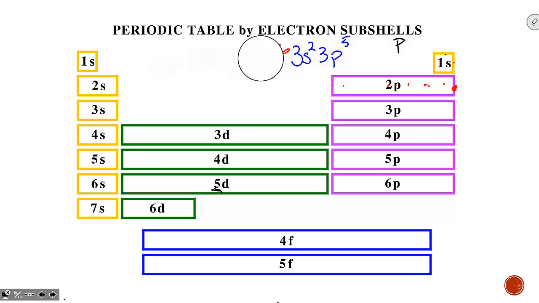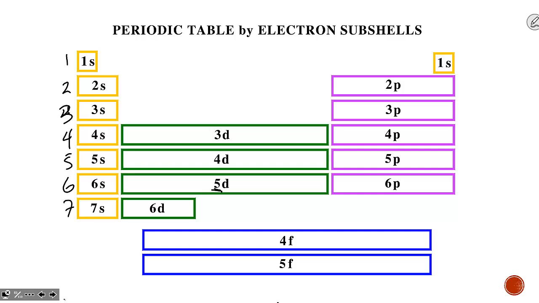So personally, when I get my periodic table, and when you're taking the AP exam, your periodic table will not have any numbers on it. I always number my periods, and then I number my families. But when I number my periods, I always subtract 1, and so I would write this is 3, 4, 5, 6, and then the F block is 4 and 5.